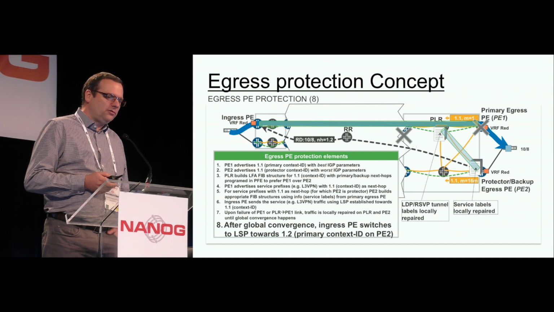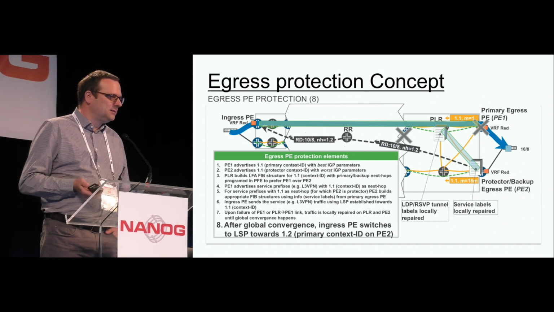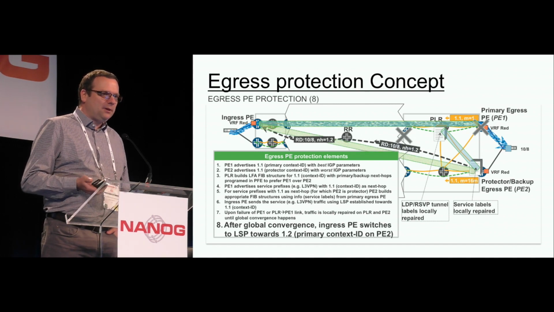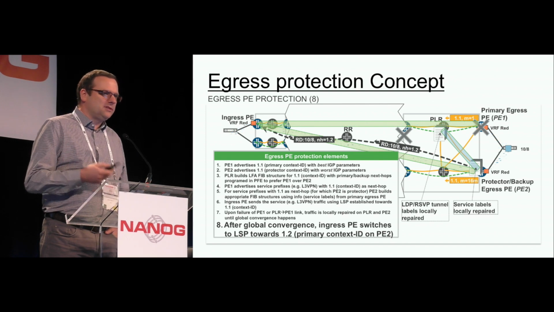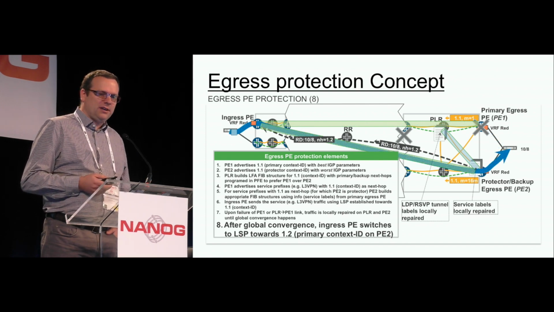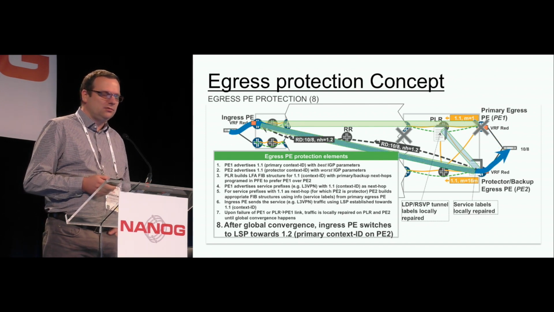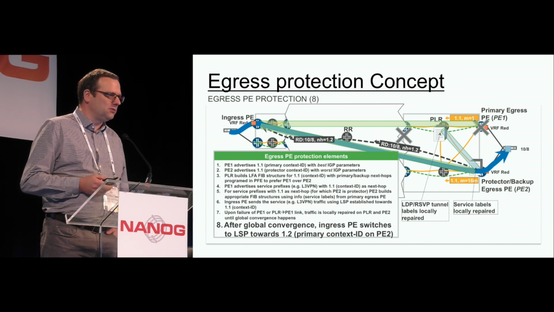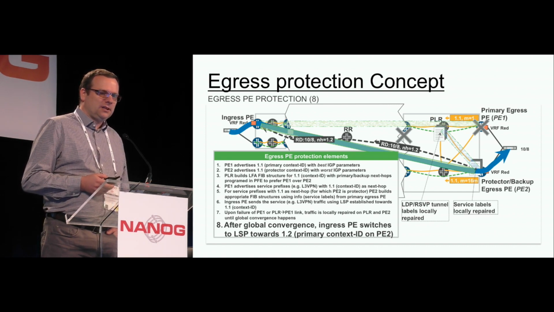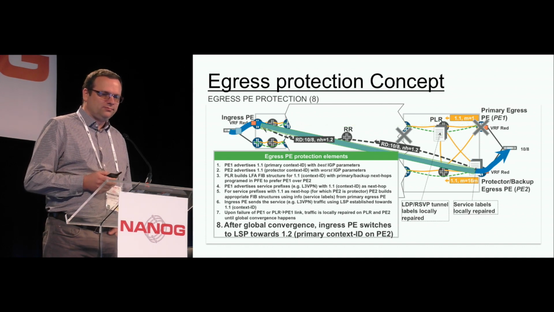And then eventually, of course, the ingress PE will realize that the failure happened and will start to send the traffic directly to the second PE over an LSP directly to the second PE. In very large networks that can take some time.